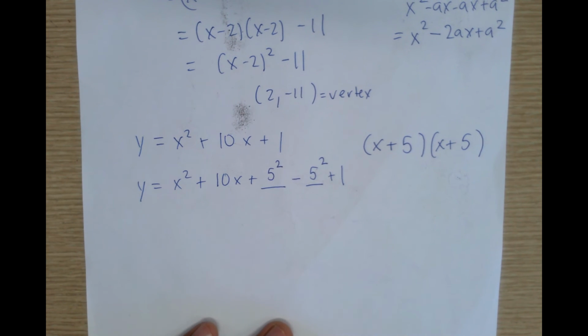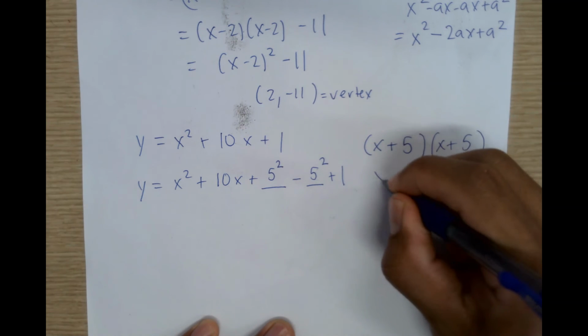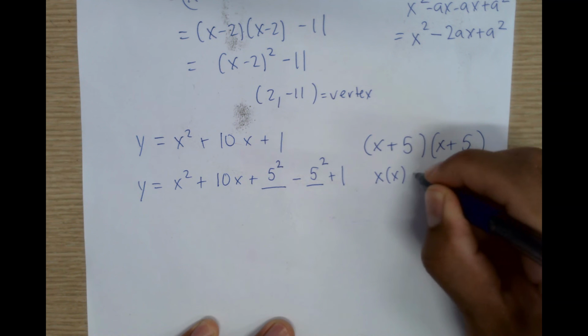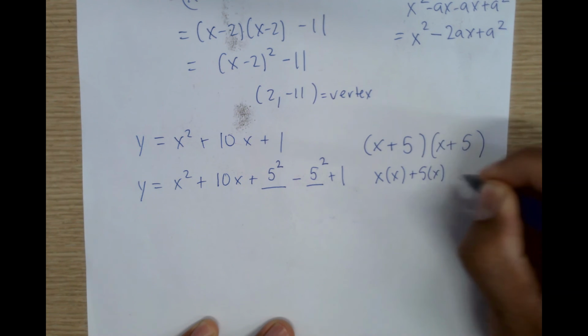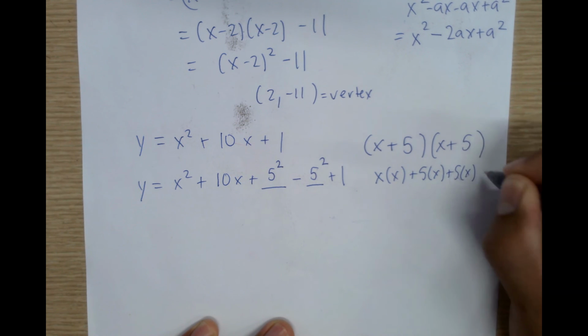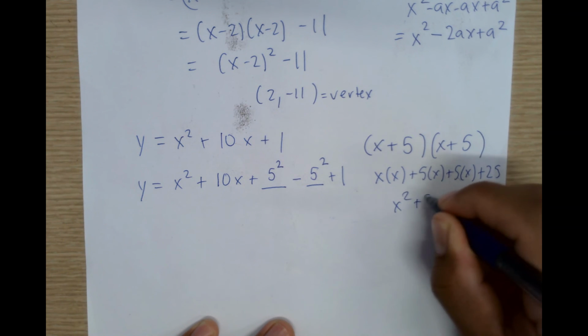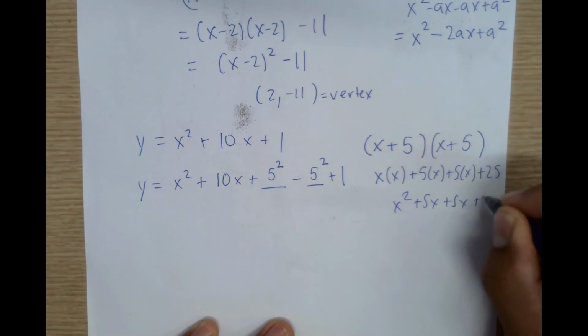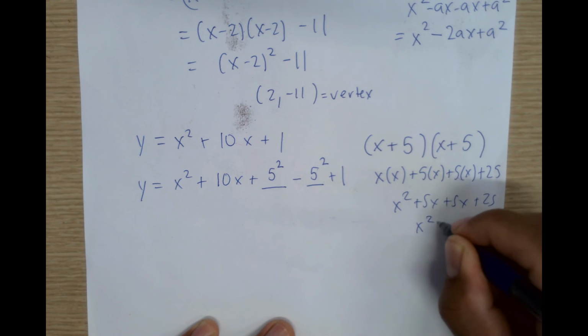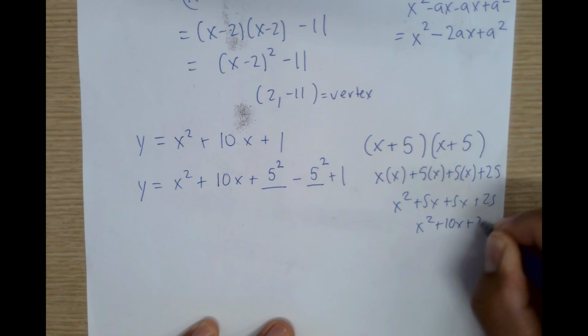So if I multiply this out, and I will show you, this would be x times x plus 5 times x plus 5 times x plus 25. This would equal x squared plus 5x plus 5x plus 25, x squared plus 10x plus 25.